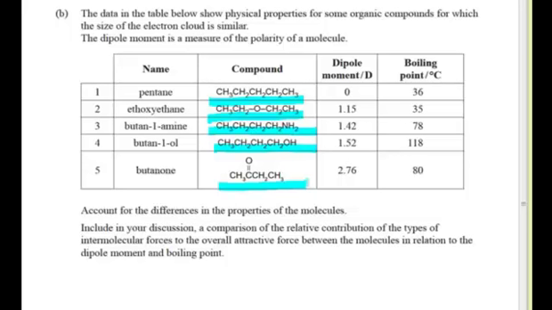So I would expect the instantaneous dipoles that create dispersion forces, that would all be fairly similar. We do have information about the dipoles there, and as we go down, we notice that there's a fairly significant one here, and then we've also got with OH here and NH here that we've got hydrogen bonding that will be going on there.